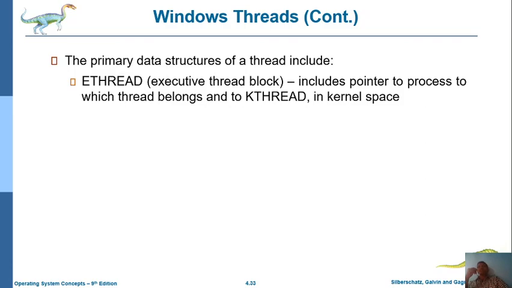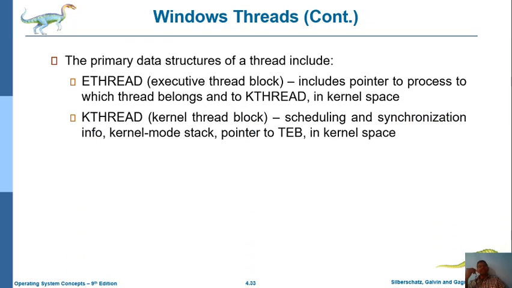That means it simply references which thread is using the K thread. Here K thread means kernel thread. So the E thread, or executive thread block, contains information about which thread belongs to the kernel thread. Such information is provided by the E thread.